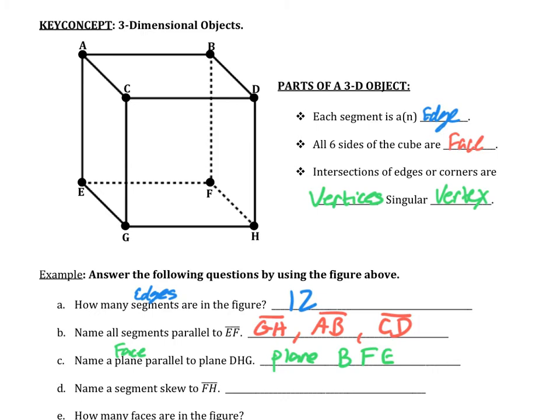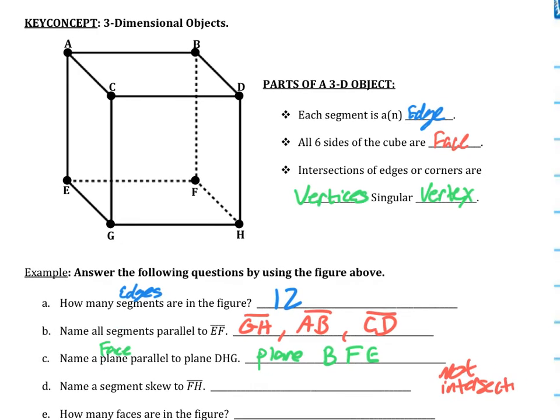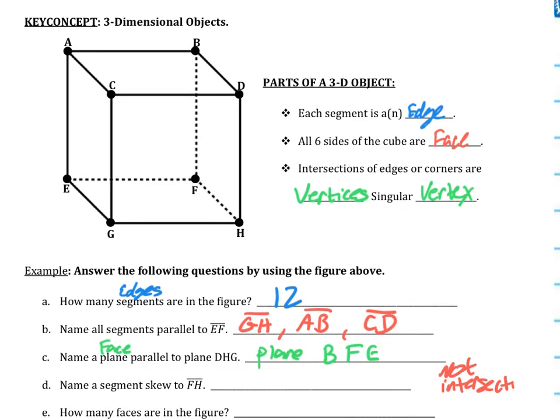So when we think of skew lines in a figure, we want to think not intersecting, and not parallel. Okay, because remember, skew and parallel are different. So if two lines or segments are parallel, they're not skew.